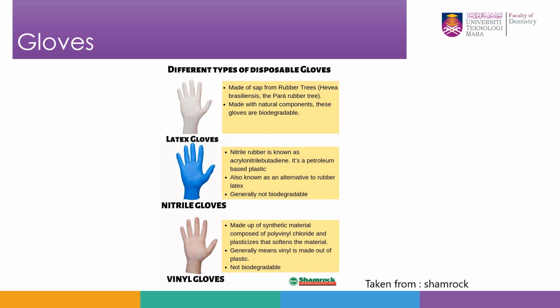Nitrile gloves are usually used by those who are allergic to latex gloves. Nitrile gloves are normally not as good as latex gloves and are more fragile, but nowadays a lot of improvement has been made. Vinyl gloves are not used by us to deal with patients. Usually they are made of plastic.